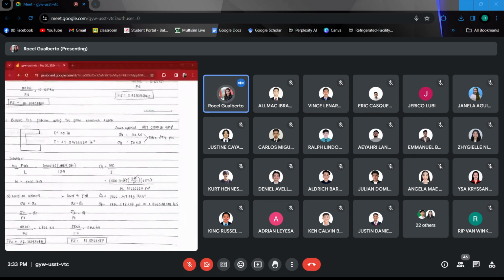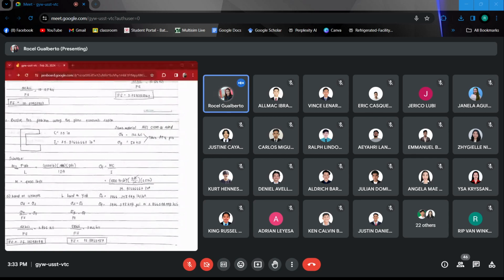And then another thing is, what if yun po letter C, so pinapahanap po would be yung sigma. Okay? So, ibig sabihin po, we have to express first C and I in terms of the dimension.